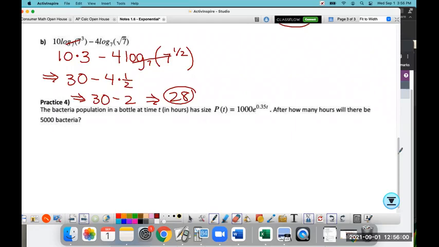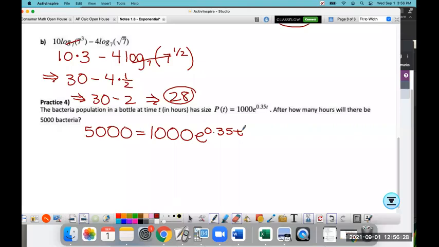So I'm going to put 5,000 in for P of t since that's representing how many bacteria I have. And I want you to try to solve for t. Try it on your own before you continue watching, but I'm going to go ahead and start the solution right now.